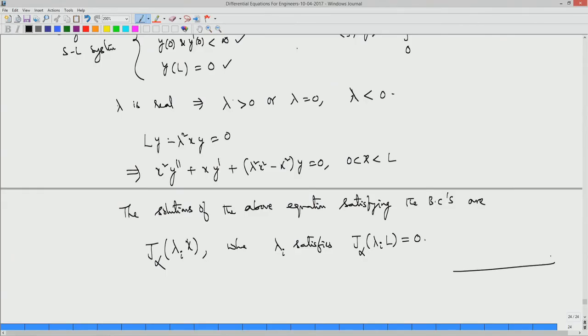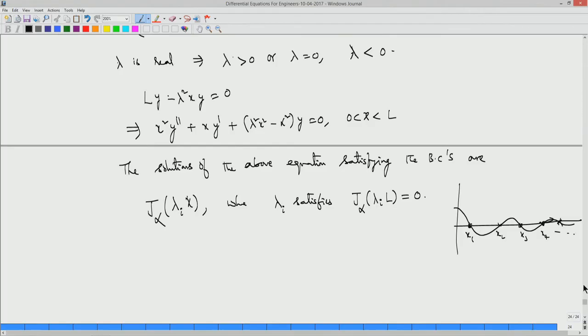So based on these J alpha roots, x1, x2, that is what we made, right. You have x1, x2, x3, x4 and so on. You have infinitely many roots for the J alpha function.